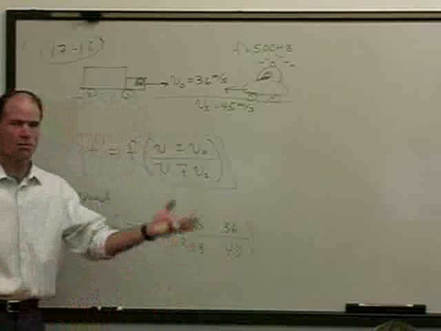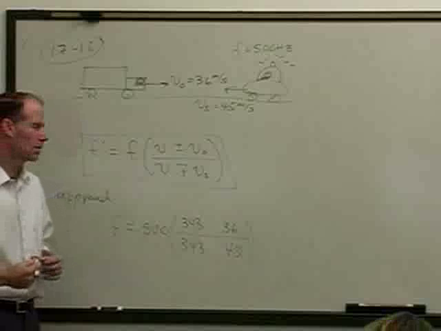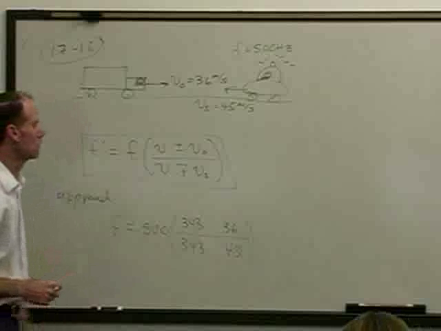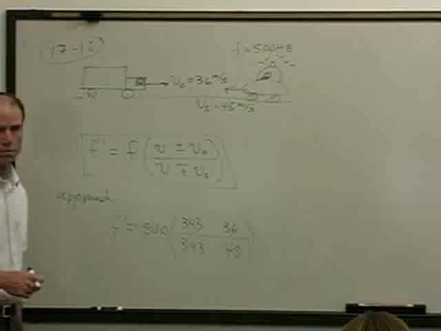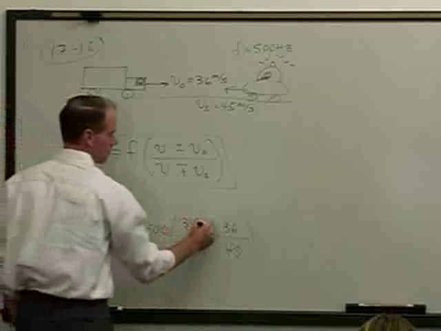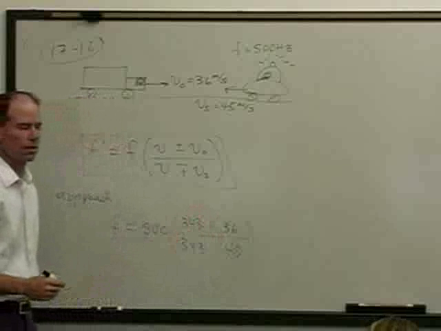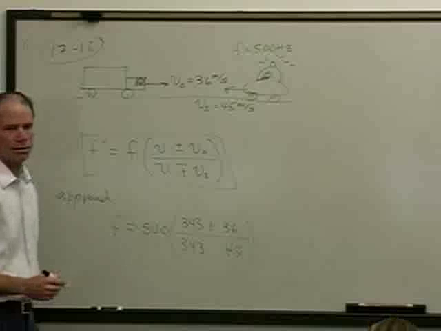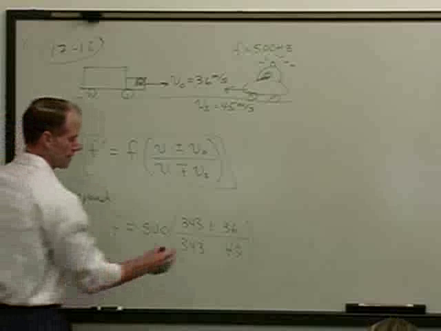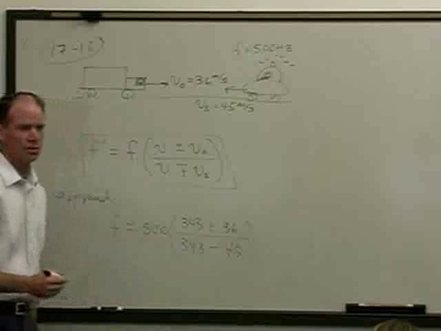So, as the two are approaching, what should I use in the numerator? Plus sign, because the observer is moving toward the source. And in the denominator, minus sign, because the source is moving toward the observer.